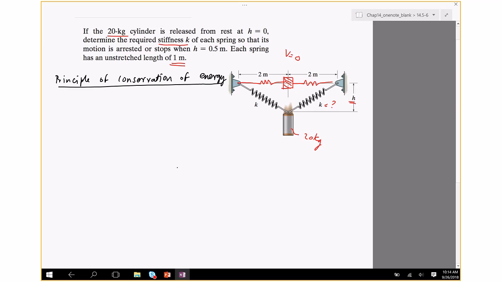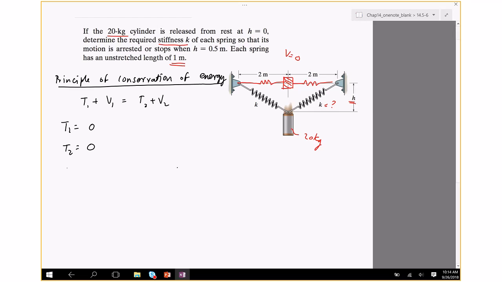T1 plus V1 equals T2 plus V2. T1 is the kinetic energy when it is horizontal. When the system is horizontal, it's clearly 0. It starts from rest, and it turns out it also ends up at rest. So T2, the final kinetic energy, is 0.